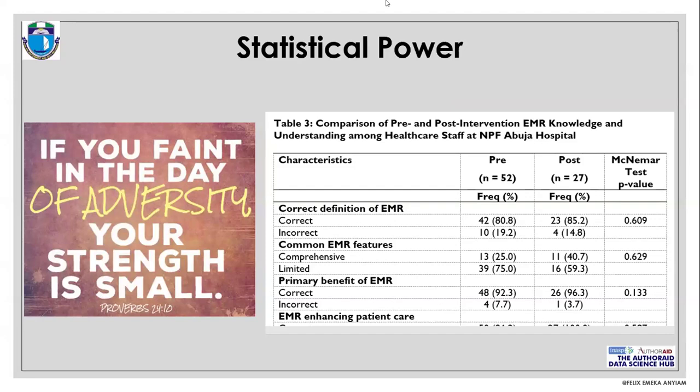Oftentimes, how you could detect a type 1 error is you would see the fact that the data has been doubled, tripled, or something, because they are now beginning to know that the moment you increase the number of that data, which is part of what you do when you're increasing the power, it has a way of increasing the chance of having a statistical significance.